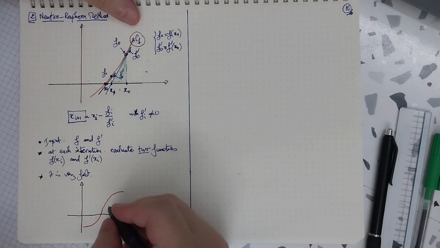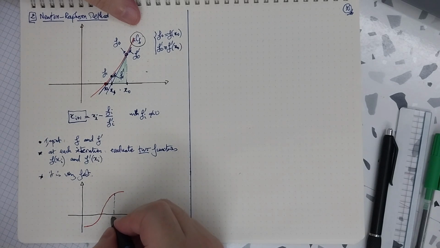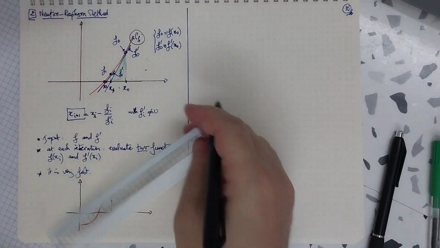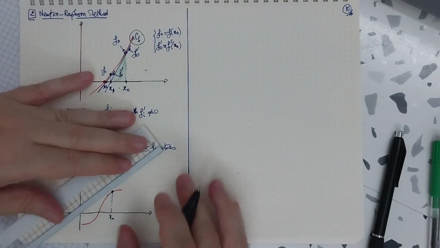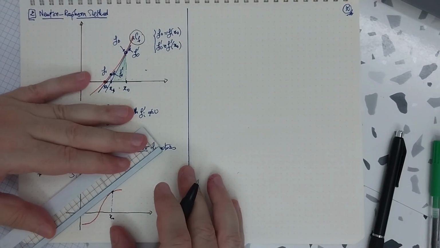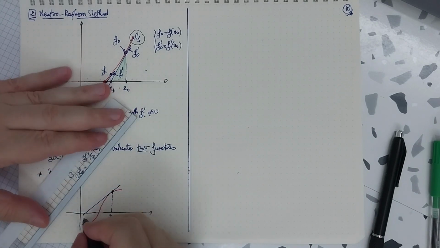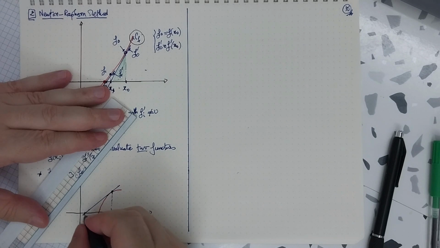Let us take x0 here, the start point. Its image. Let's draw the tangent. Should be here. Cuts the axis here. Its image.